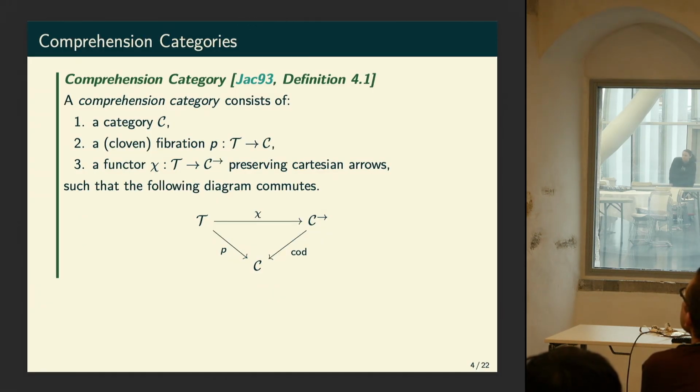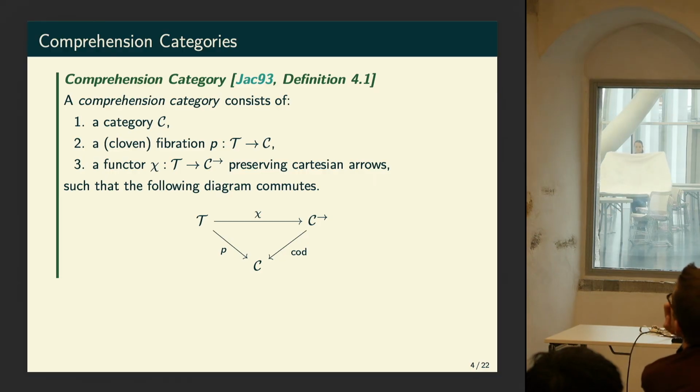So what is a comprehension category? It consists of a category C that you see here, a cloven fibration P that you see here, and a functor chi from T to C arrow here, which makes this diagram commute. Also, chi has to preserve Cartesian arrows, which I will not focus on because for the purpose of this talk it is not important, but it is in the definition.